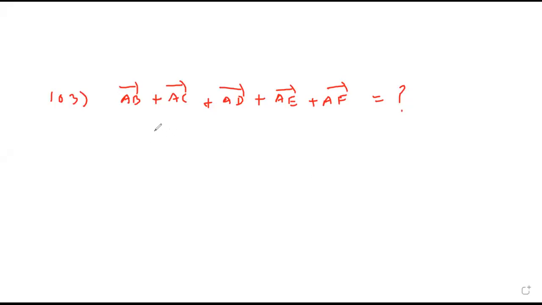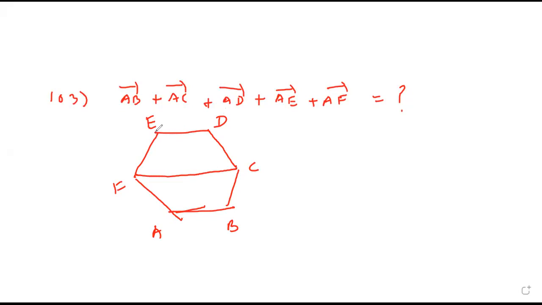Regular hexagon A, B, C, D, E, F. This is O. Regular hexagon means this way.